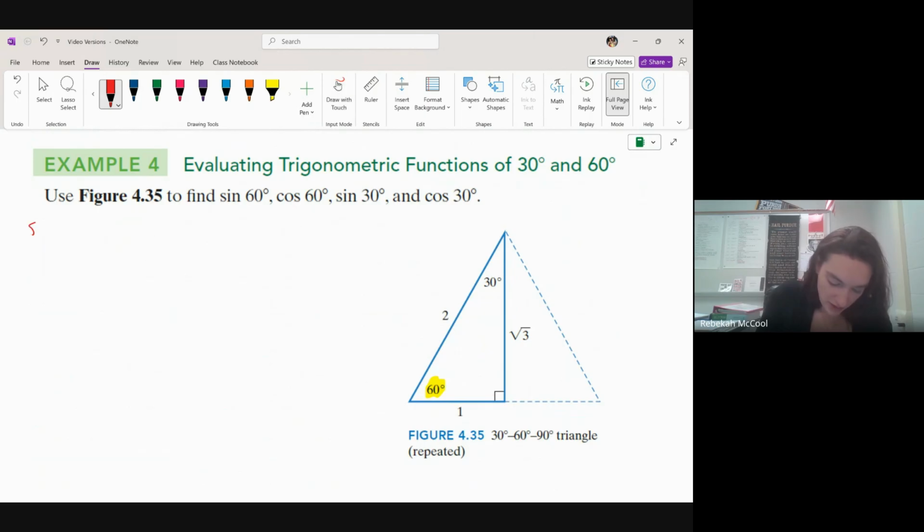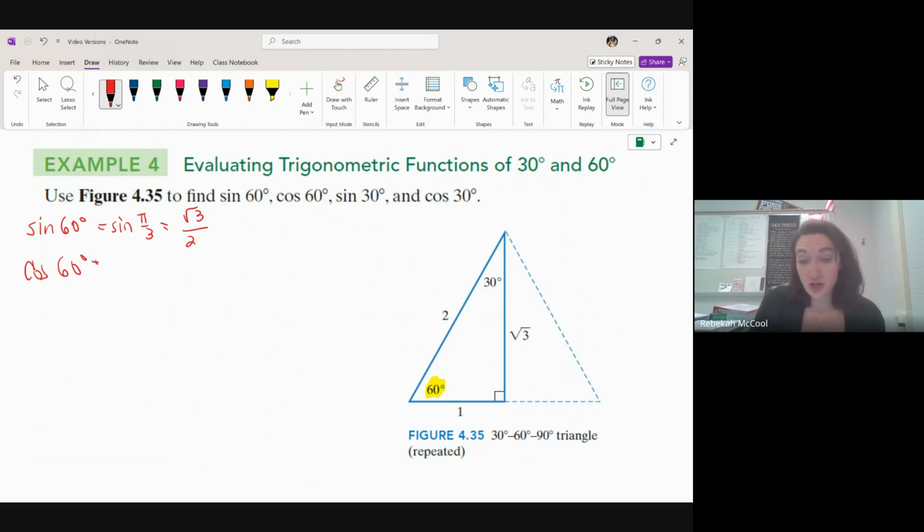So sine of 60 degrees, the same thing as pi over 3, is going to be opposite, that's square root 3, over hypotenuse, which is 2. And then cosine of 60 degrees is the side adjacent to our 60, which is 1 over hypotenuse, which is 2.